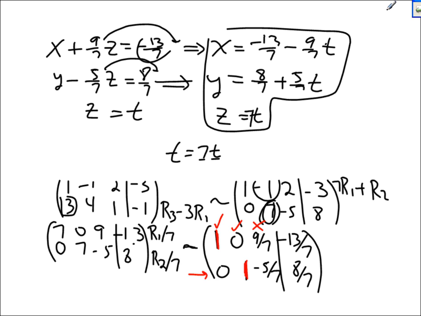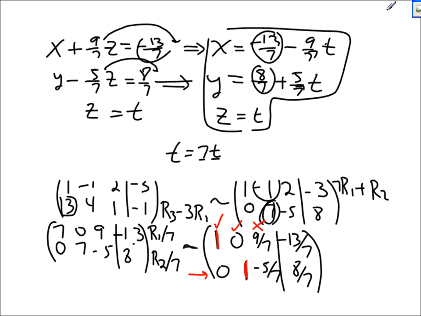I can do that. I don't really want to because I still have a 7 on the bottom here. So I really don't have a good incentive for dividing by 7. In fact, I have a good incentive not to do that.